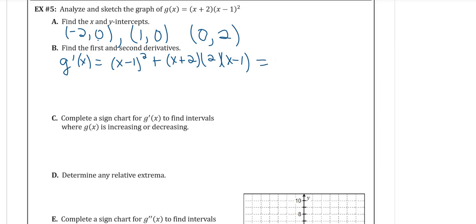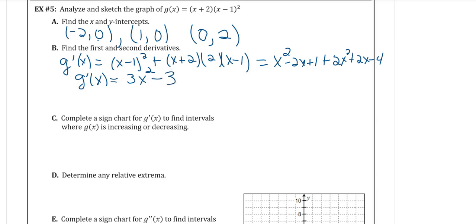So I multiply this out: x squared minus 2x plus 1, and then the second part gives me plus 2x squared plus 2x minus 4. So g prime of x is then 3x squared minus 3. The x terms cancel because you have a minus 2x and plus 2x. So then g double prime of x is just going to be 6x.